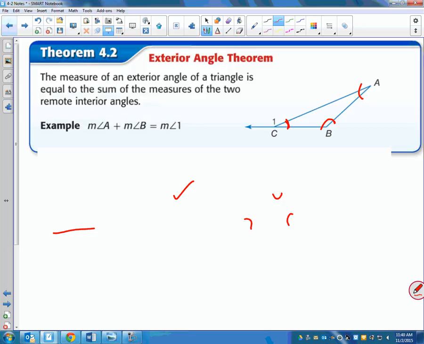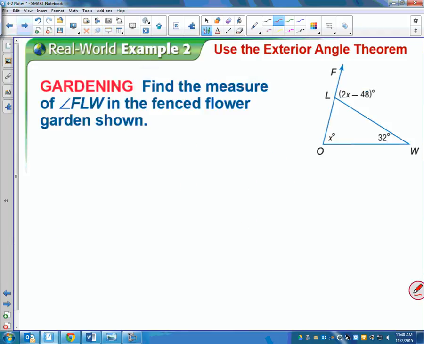On that one, angle F plus angle L equals 180. And L plus O plus W equals 180. You're right, we could totally do this every time and go through all of this part again to get to what we want.